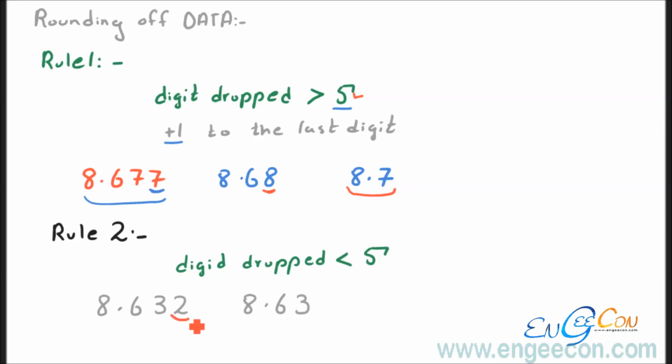As 2 is less than 5, simply drop it without adding anything to the last number. It can be further rounded off as 8.6, because 3 is again less than 5, so simply drop it without adding any number to the last digit.